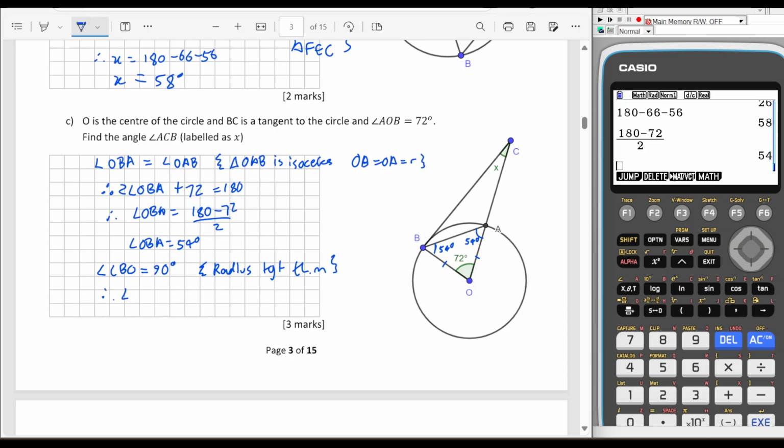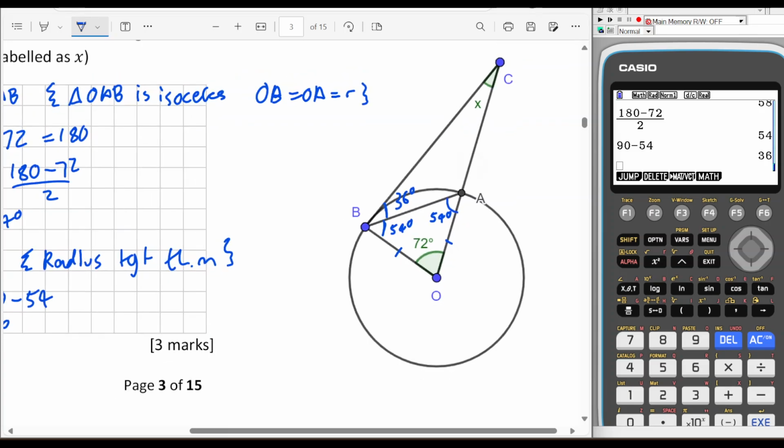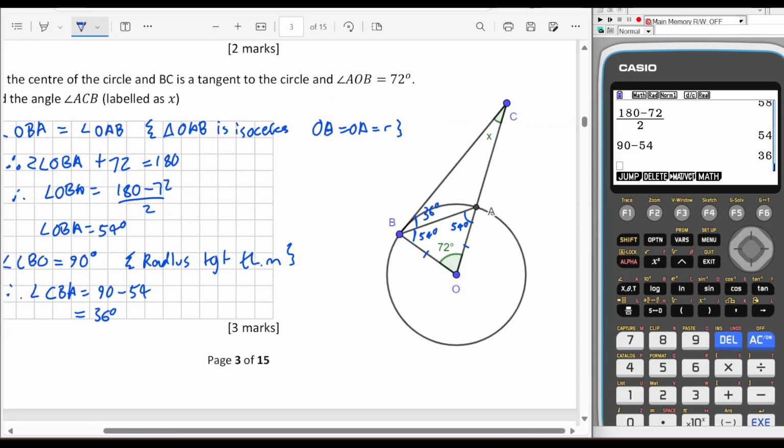Therefore, angle CBA is 90 take 54, which is something we can work out. 90 take 54, 36 degrees. So what we're saying here is this whole thing was a right angle, so that should be 36 degrees in here. 36 degrees there. All right, and then we can find this angle in here, 54.